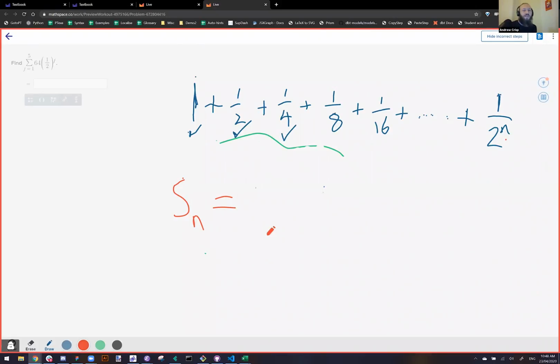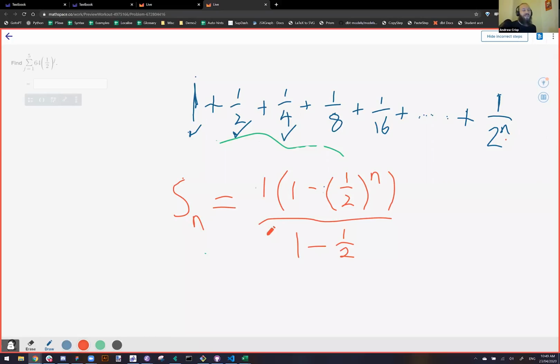What's the first term? It's 1. Awesome. Then we do 1 minus the ratio, and we can tell that the ratio here is a half. 1 over 2 to the power n. And all of that is divided by 1 minus the ratio, which is a half.